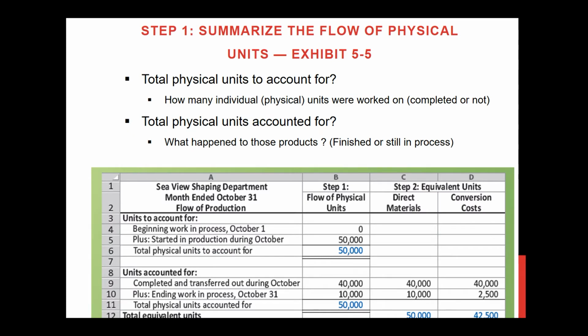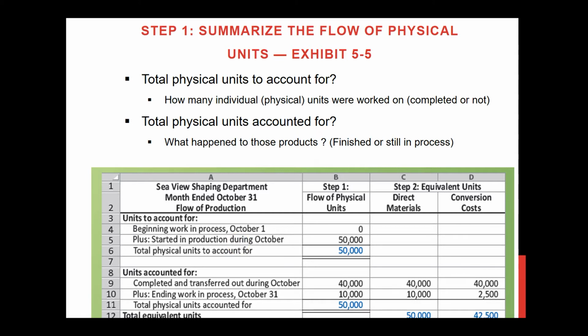So now we will see this example, and here you will see the first step where we need to calculate the flow of physical units, and then we will check our second step where we will convert those physical units into equivalent units. So they just started their business, so their beginning work in process is 0. Then you have to add the production that they actually started during that period.